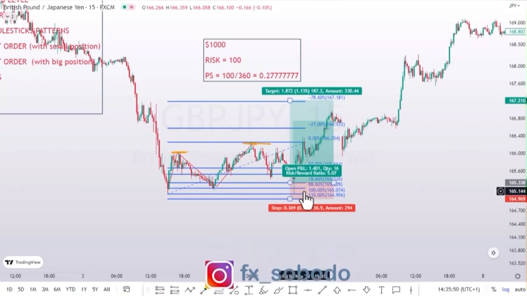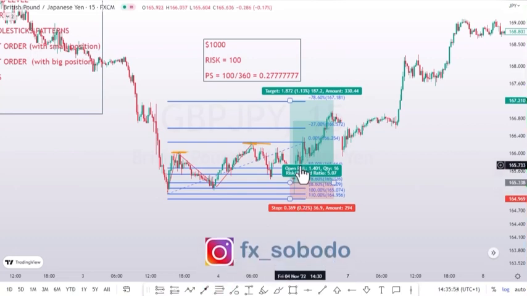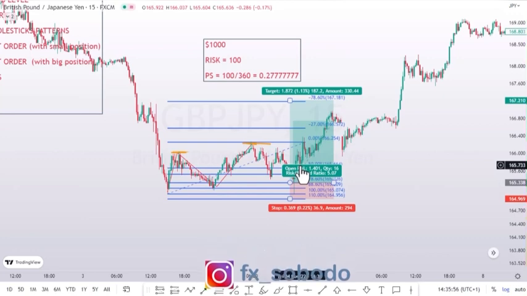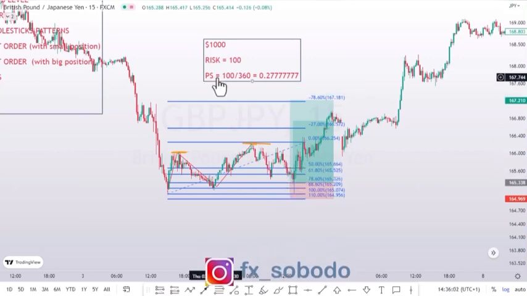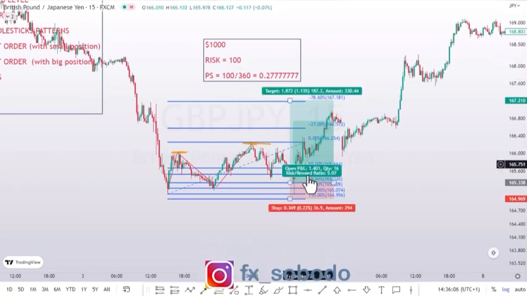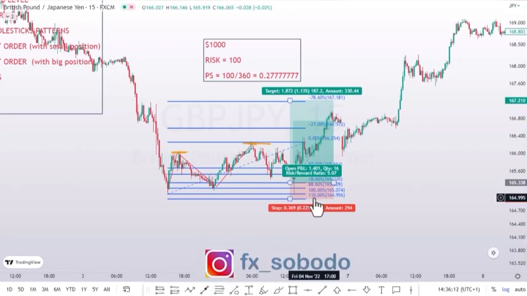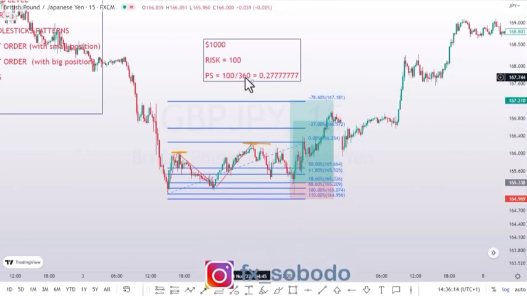So in order to know your position size, assuming you have a 1K account and you are risking only $100 per trade, your position size is the $100 you are risking divided by the stop loss, which is 360 points, which is 36 pips.